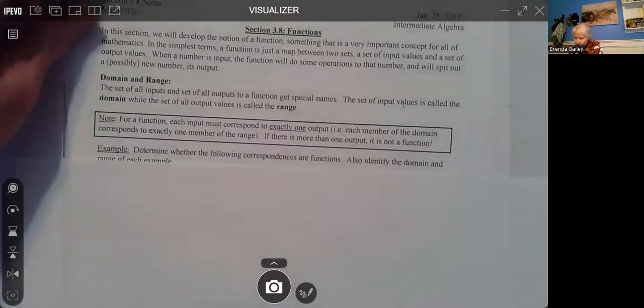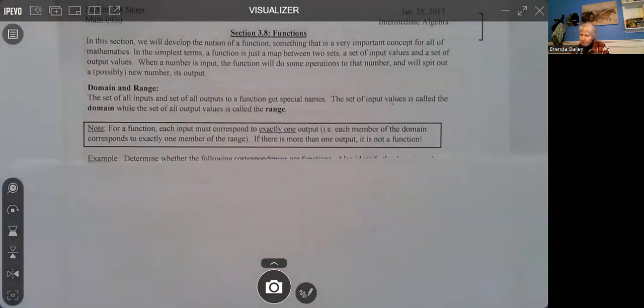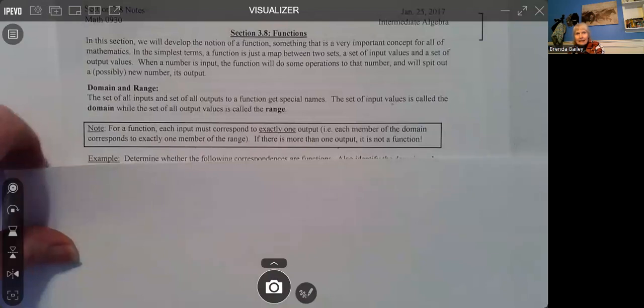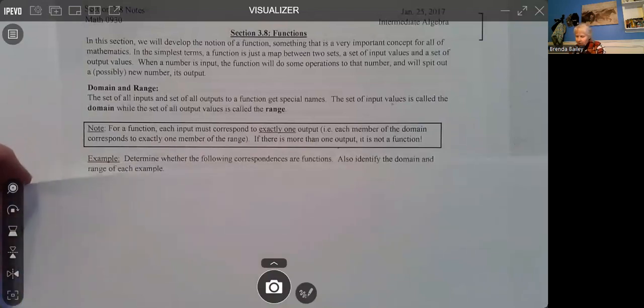For a function, each input must correspond to exactly one output in order to be a function. Each member of the domain corresponds to exactly one member of the range. If there is more than one output for that one single input value, it is not a function. All right, let's look at these ideas and examples to try to solidify that.